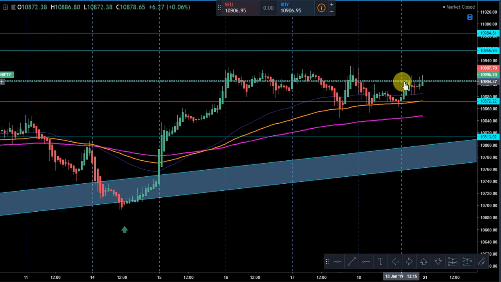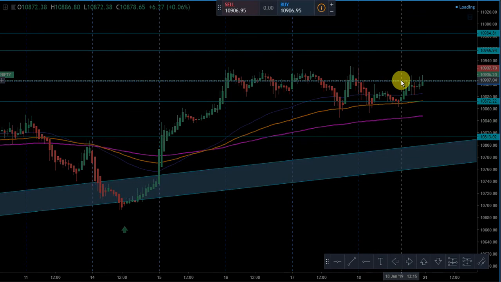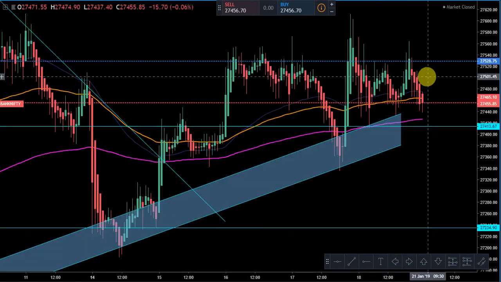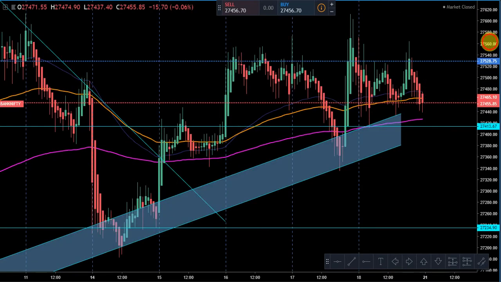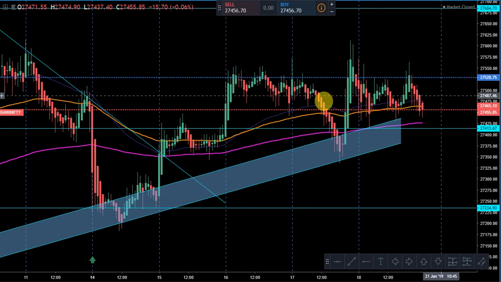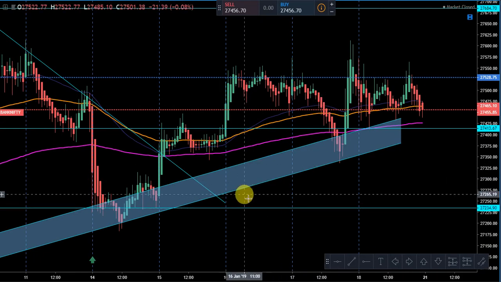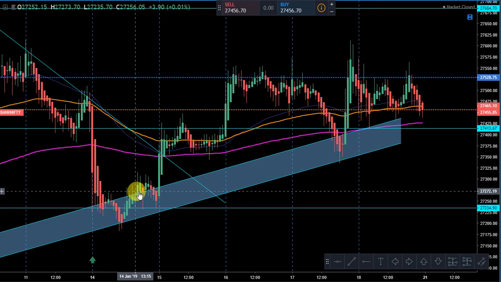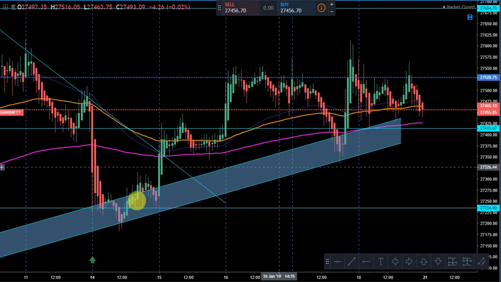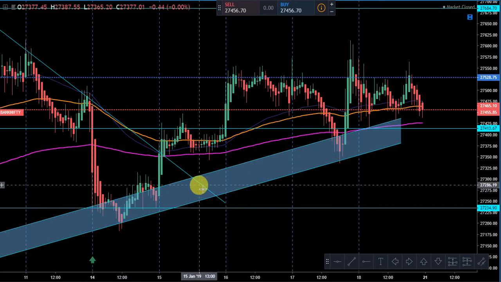So let's talk about Bank Nifty. See Bank Nifty, what is this level? If you see this level, already I had explained everything in the 14th Jan video, so you can watch that. I don't have to explain. This is purely price action basis I have drawn, and I don't want to repeat again and again, right?